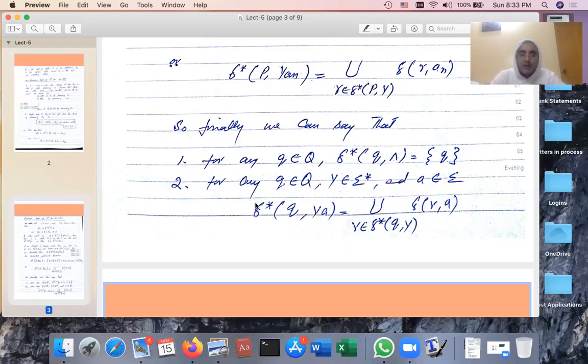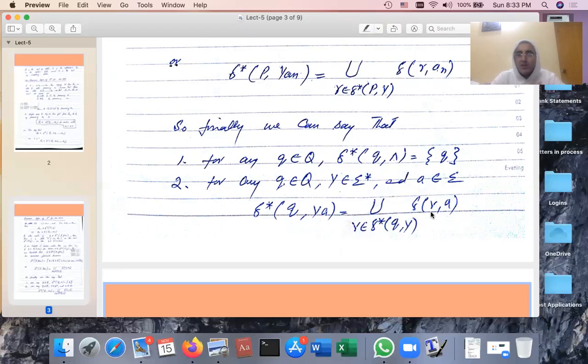So I can write this from q comma y, my string containing a1, a2, a3, and so on up to an minus 1, and then the last symbol a. After applying multiple transitions, I can reach some state, and how that state can be achieved, I have to open this up on the right hand side.